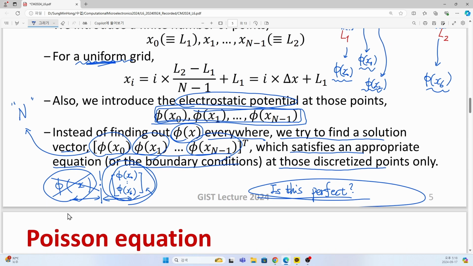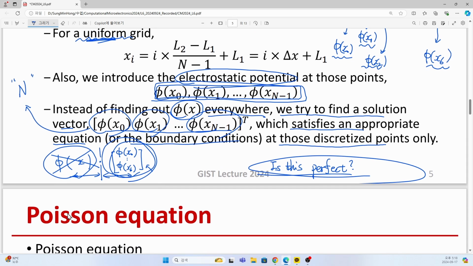When this concept was first introduced several decades ago, there was a serious discussion between some old school guys and new numerical analysts. However, nowadays it is regarded as okay to treat this problem in this discretized manner. But I wanted to emphasize that this is just an approximation.